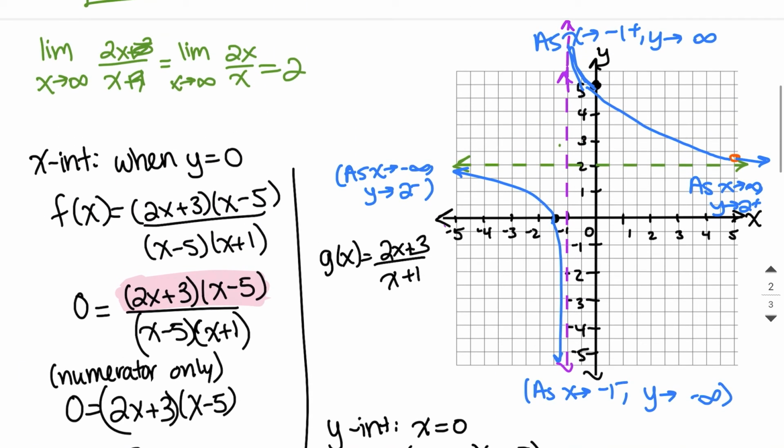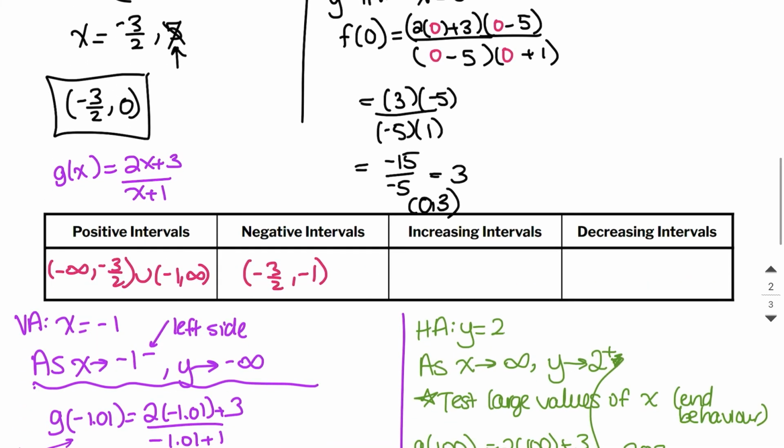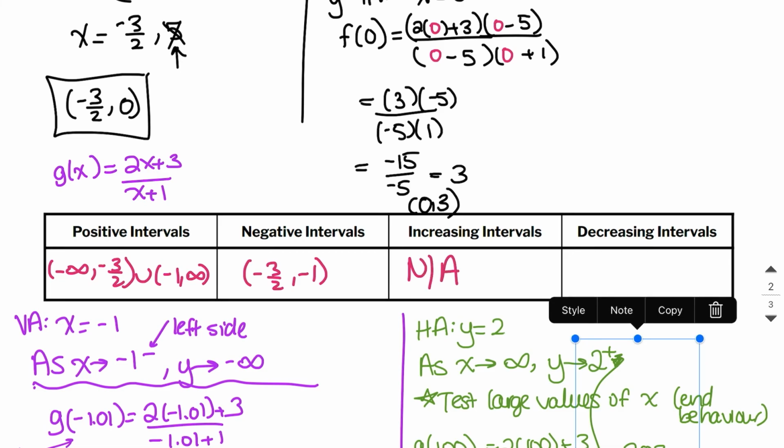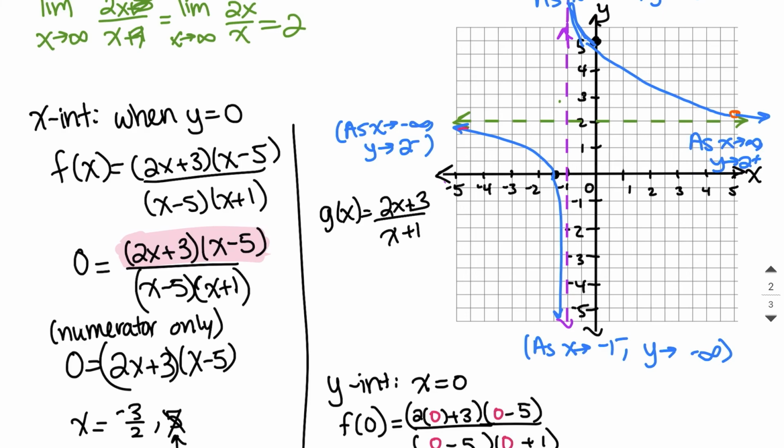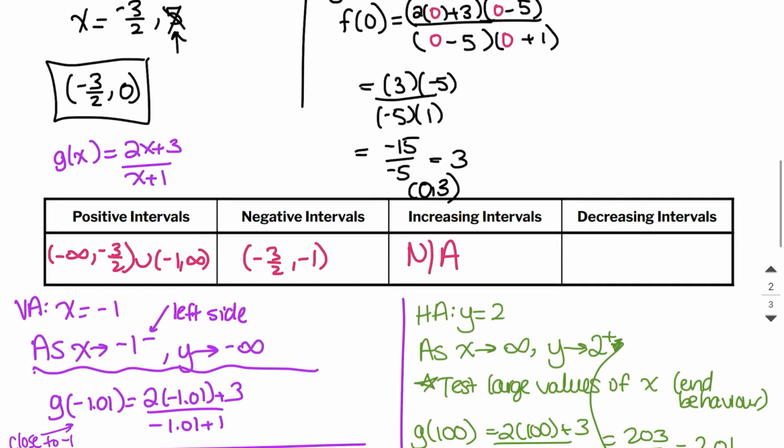Now, if you notice, if I go from left to right, my graph is always decreasing. It is never increasing. So there are no increasing intervals in this example. And for decreasing intervals, we can say that it is decreasing from negative infinity to my asymptote, so to -1.